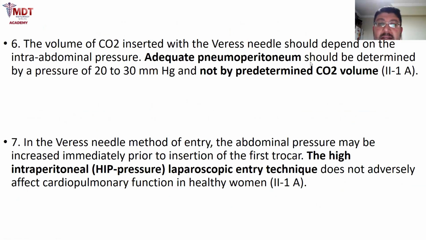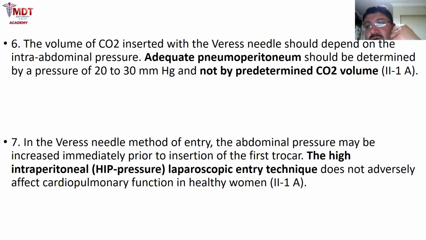They recommend that adequate pneumoperitoneum is determined by the intra-abdominal pressure. It's not determined by the carbon dioxide volume. When you are entering the abdomen, when you are insufflating first, if you are not using direct trocar entry, you can make high intra-peritoneal pressure laparoscopy.